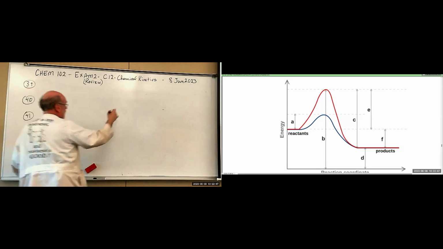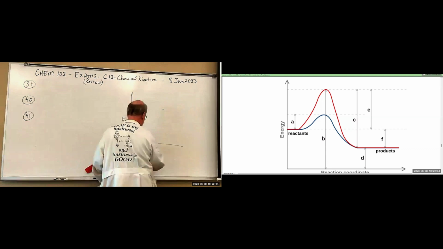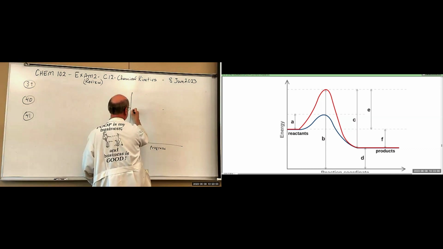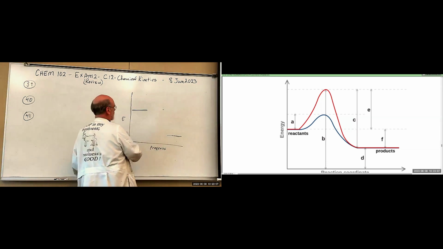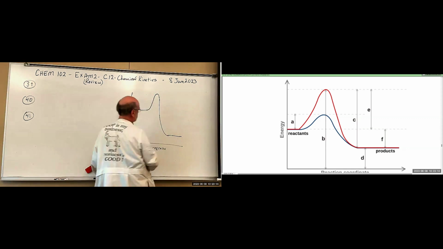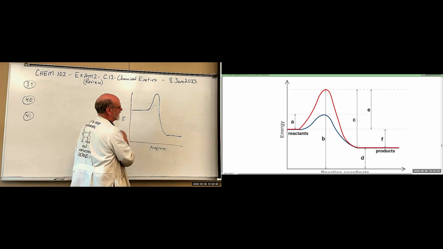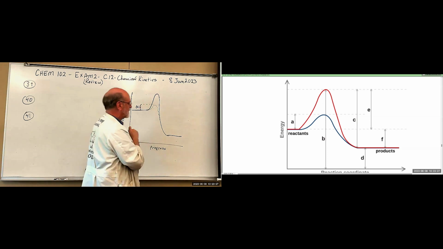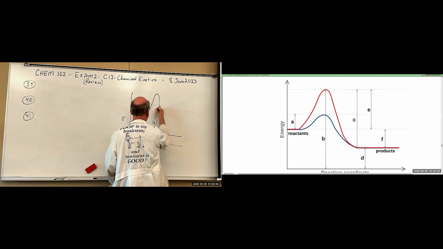Okay. So we've got energy on this scale, and we've got progress of the reaction on this one. And it looks like it goes from way up here for the reactants to way down here for the products. And then one of the traces goes like that here, and the other trace goes like that. So between here and here is A. And B is between here and here.